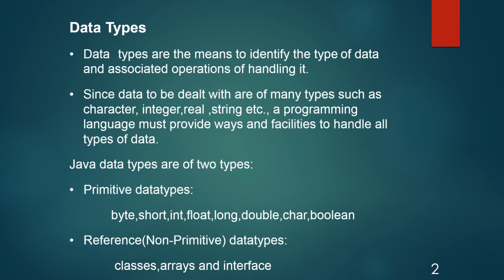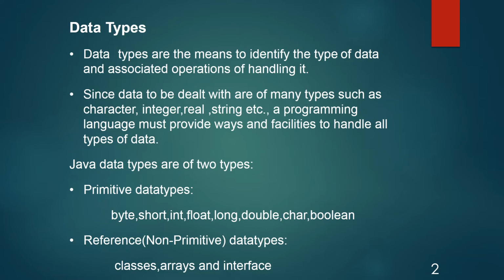Now, Java data types are categorized into two types. One is the primitive types and the next one is the reference data types. Here, reference data types are also known as non-primitive data types.